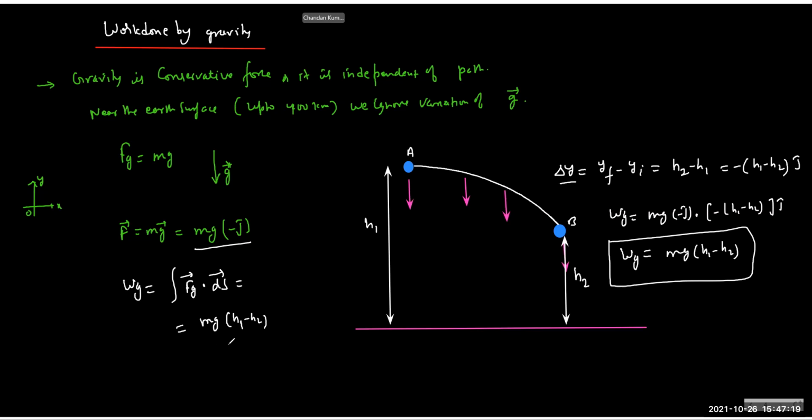We know this is the right answer, because gravity is supporting the displacement, so it's positive. Fg is acting down, ds is down, so then you write the magnitude. Now if you want to write the magnitude, you can write Fg ds mod. If you write F dot ds, this is constant, so you can simply write Fg dot delta s, and this will become the mod, and the angle between these two is 0, so cos 0.